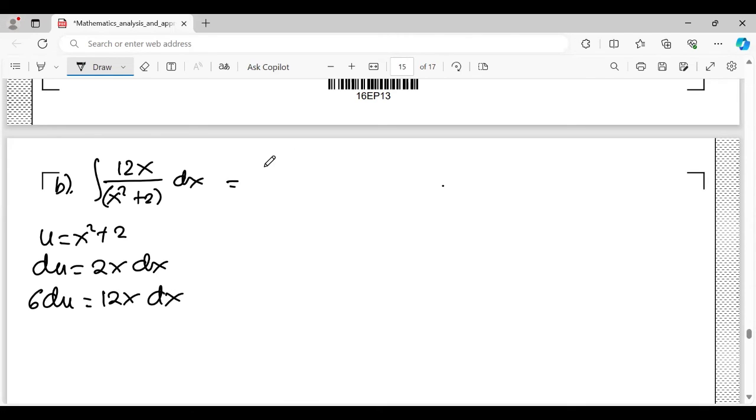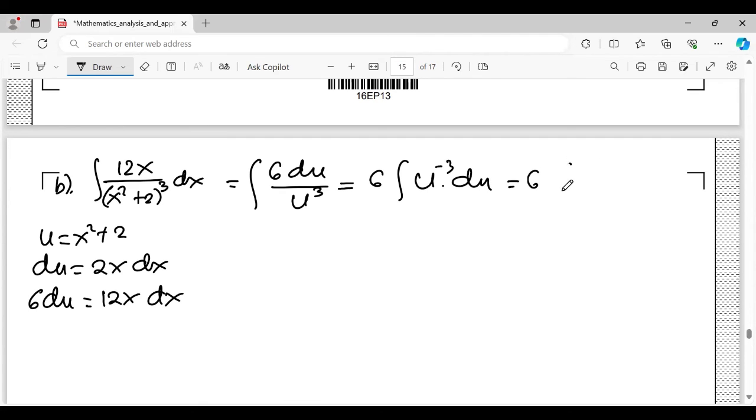So this integral becomes 6 du over u cubed, or 6 times u to the power minus 3 du, or 6 times minus half u to the power minus 2 plus c.